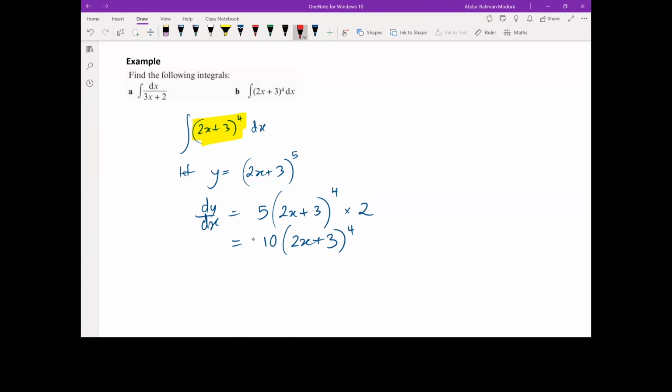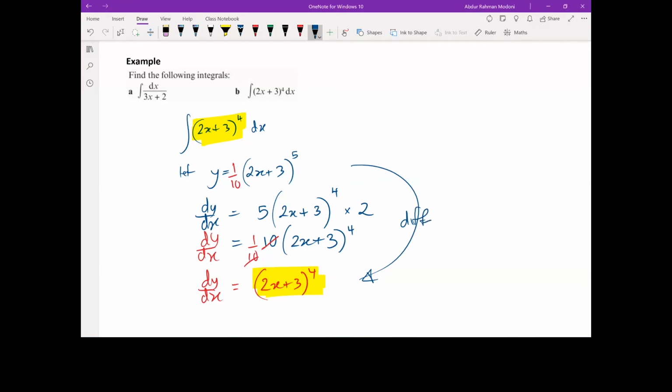So here I'm going to apply a factor that I'm going to times both functions by in order to get to what I want. So I'm going to times it by a factor of 1 over 10. And then that simply gets us to 2x plus 3 to the power of 4, which is exactly what I was trying to integrate at the beginning. Okay, so then I can say, if this differentiates to this by the chain rule, then this would integrate to that.